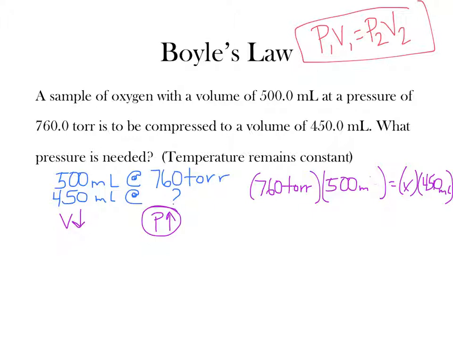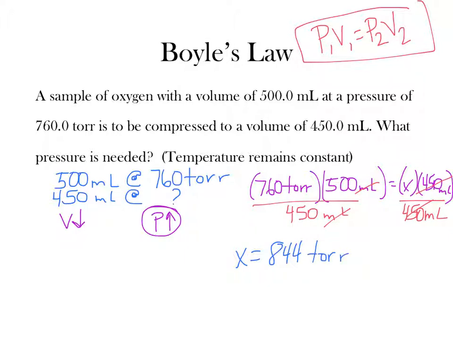When I'm solving that, I'm going to divide both sides by 450 milliliters. And notice the milliliters themselves will cancel out, so I'll be left with torr. So 760 times 500 divided by 450 is going to equal 844 torr. And that's Boyle's law.